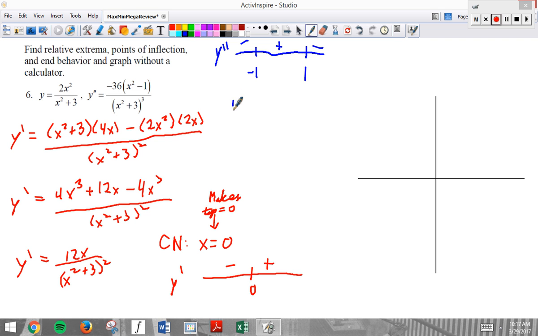So, point of inflection at -1 comma, putting it into the original function, 2 over 4, 1/2, and +1 over, same thing, 1/2. That's a relative minimum at 0, 0.